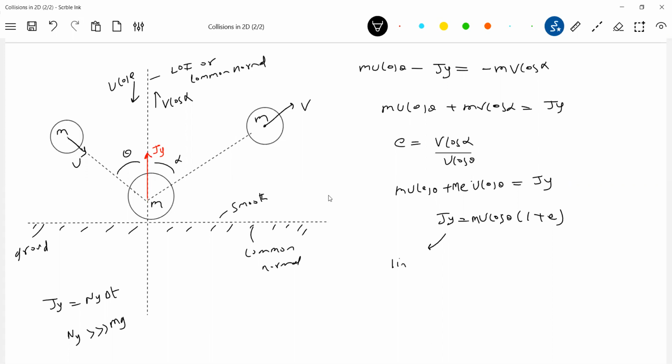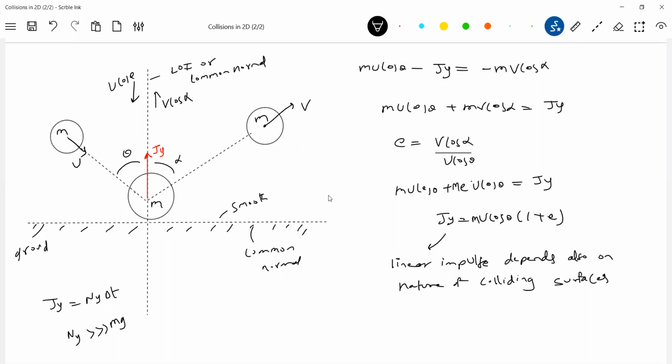Linear impulse depends also on the nature of colliding surfaces. There's a very, you can say, dangerous statement not available in the book. Why not available?